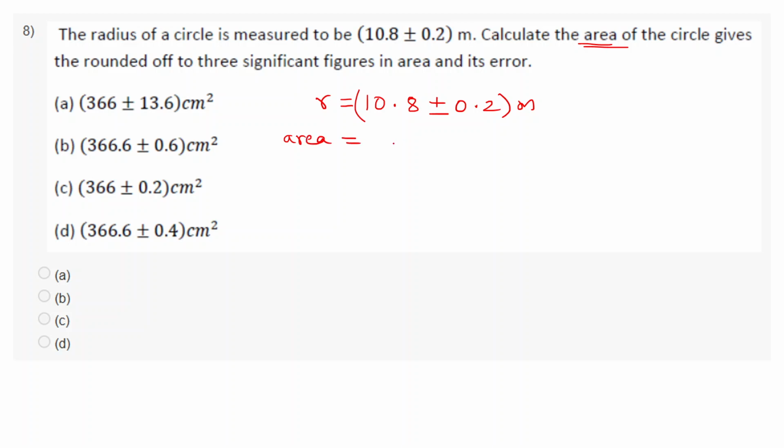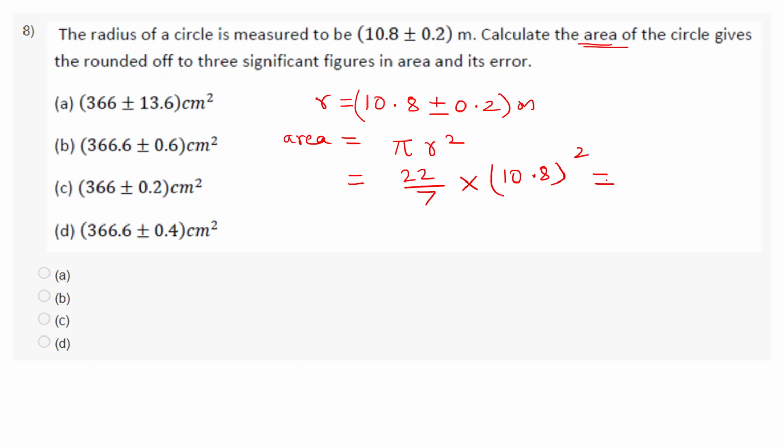If you recall, the area occupied by a circle is given by pi times r square. Okay, so pi is 22 by 7. Radius, we'll take this 10.8 and its square.